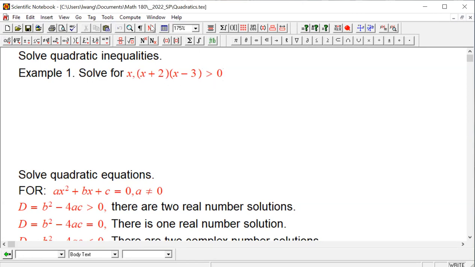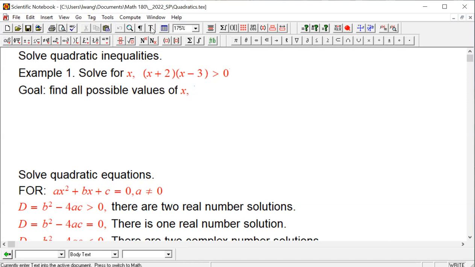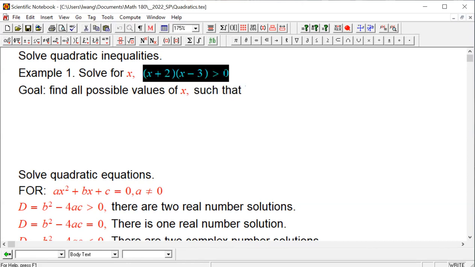Okay, so first of all, we're solving an inequality, right? So the goal is to find all possible solutions, all possible values of x, such that this product is positive.